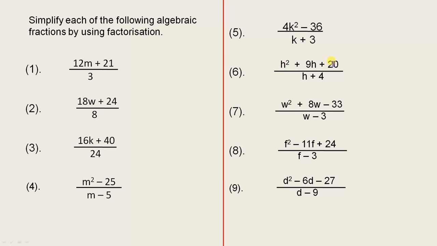We've seen that in previous videos. Very briefly, you find 2 numbers multiplied together to give you 20, added together to give you 9, write down the factorisation and then do the necessary cancellation. And it's exactly the same for the last 3.